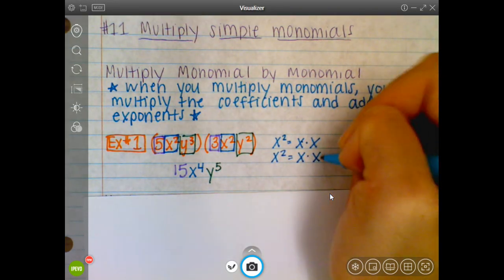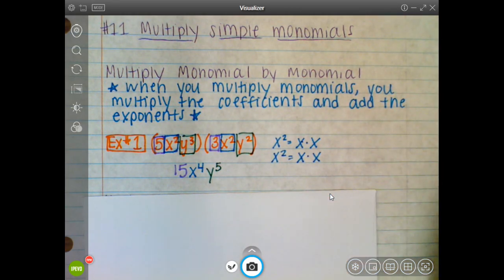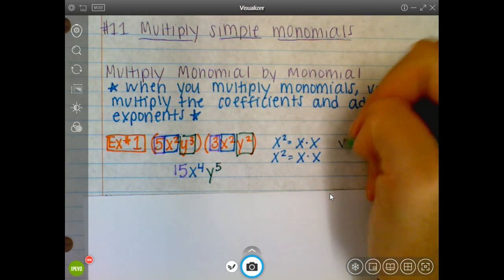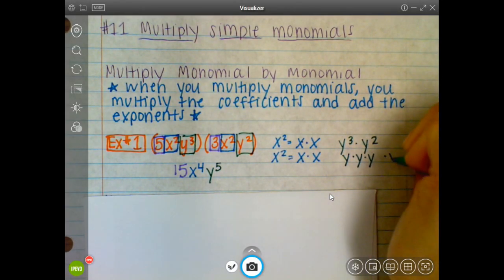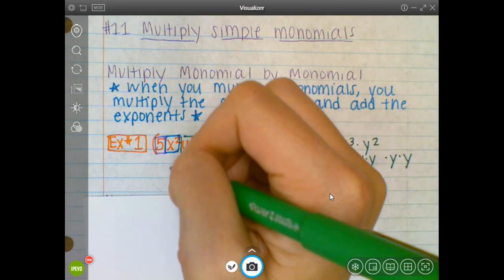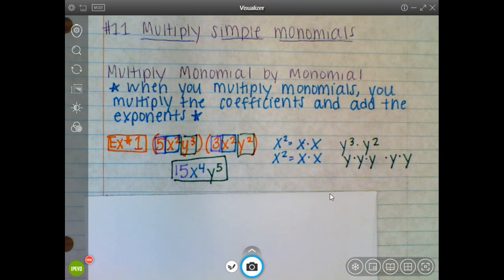So that's why there's 1, 2, 3, 4 x's. And if you think about the y's, y3 times y2 is really 3 y's and then 2 more y's. That's 1, 2, 3, 4, 5, which is why we get y to the 5th. So that's how you multiply a monomial times a monomial.